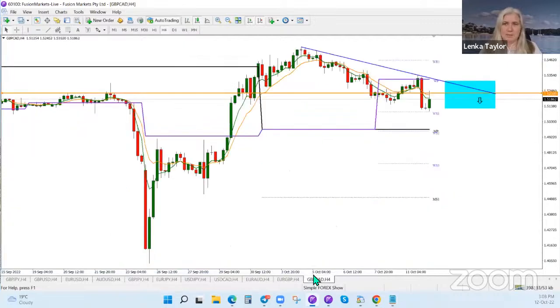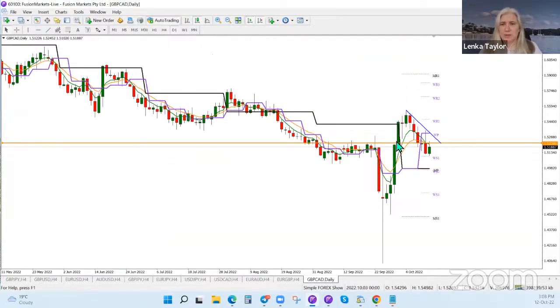And the last currency pair I'm looking at is GBP/CAD. And GBP/CAD, I'm now looking for short. We've had the price action do the little peekaboo above the line and came straight back. So looking at this to be potentially the false break, and then continuing down from there.